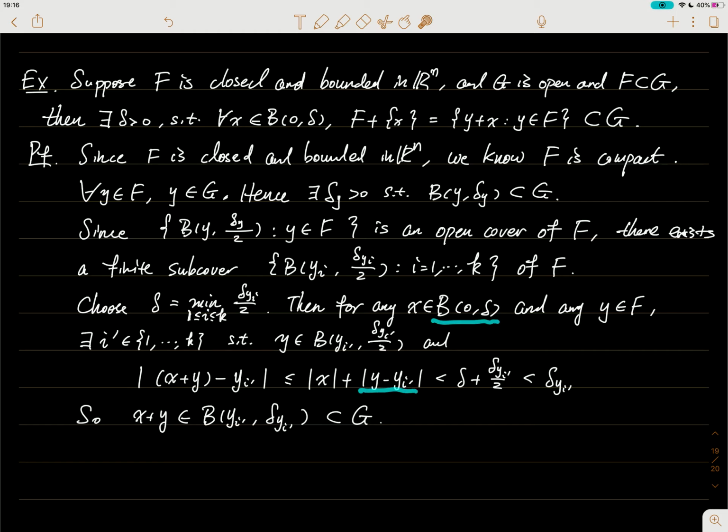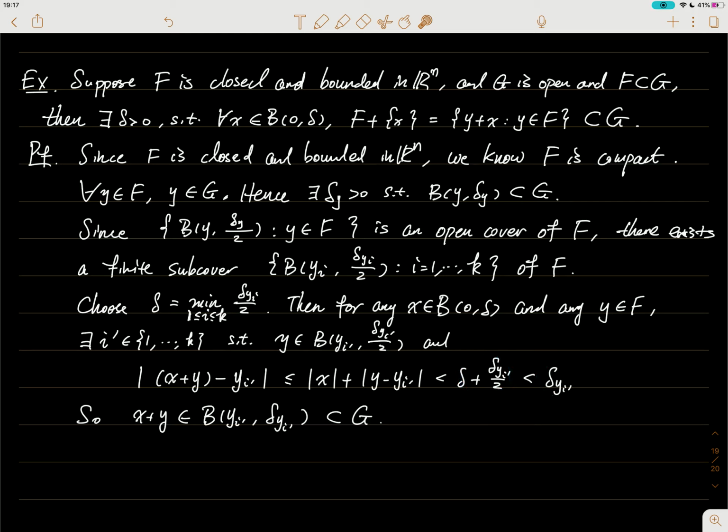And since y is in the ball here, the distance between y and y_i' is smaller than half of delta_{y_i'}. And remember that delta is the smallest of those delta_{y_i}'s, so delta must be smaller than or equal to delta_{y_i'}. That's why the sum of these two must be smaller than delta_{y_i'}.